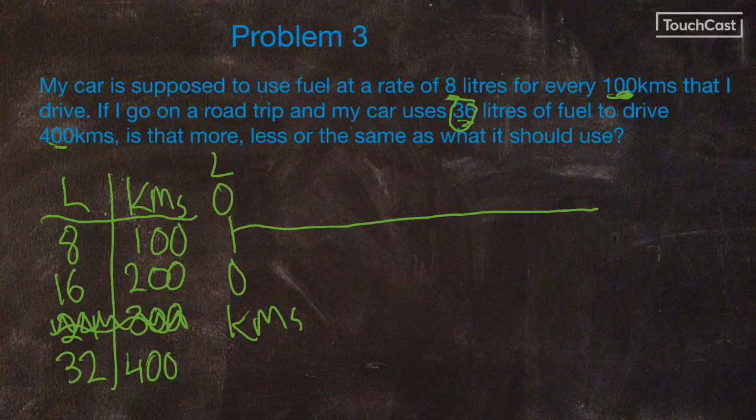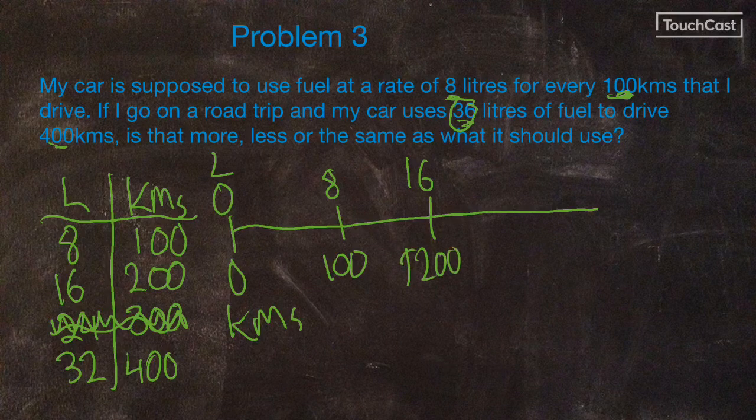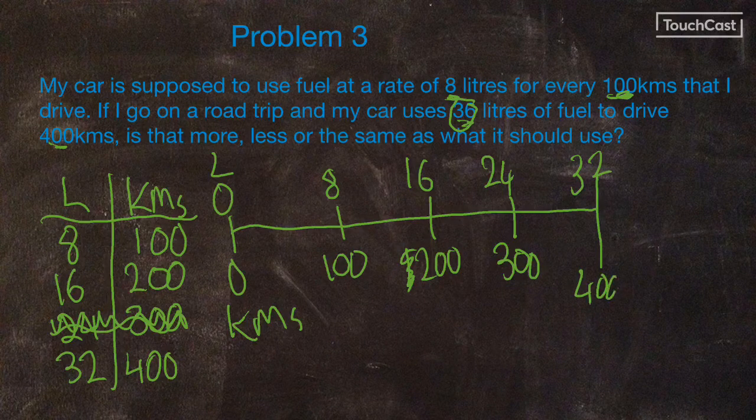You might have gone one step where the litres is 8 and the kilometres is 100, another step where 16 litres gets you 200 kilometres, 24 litres takes you 300 kilometres, and 32 litres takes you 400 kilometres.